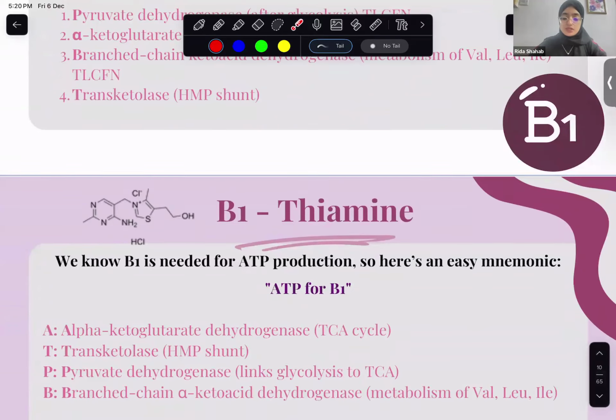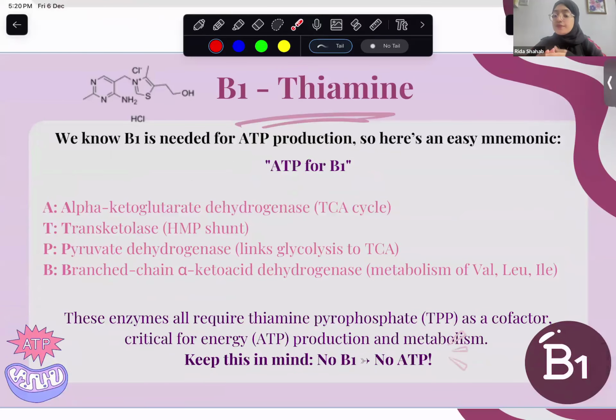I do have a mnemonic for you to remember this better. Thiamine is something that you need for ATP production, right? Every vitamin is essential in your body for energy metabolic processes. So the mnemonic here is ATP for B1. A stands for alpha ketoglutarate dehydrogenase, T stands for transketolase, which is in the HMP shunt, P stands for pyruvate dehydrogenase.